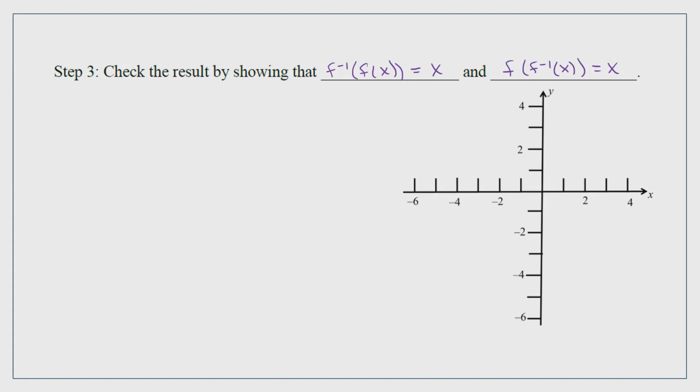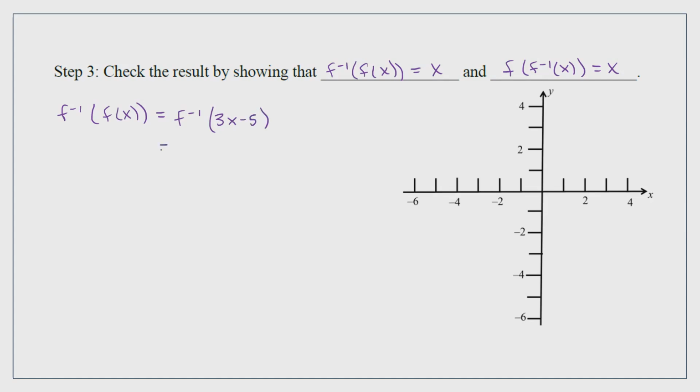All right, so let's quickly show that. So we're going to check our solution. So first we'll do the inverse function of f. Ooh, no, it is not times. We will take the inverse function of f of x. No times at all. All right, so the inverse function of f and then f of x is equal to 3x minus 5.